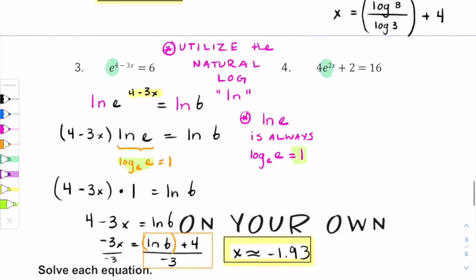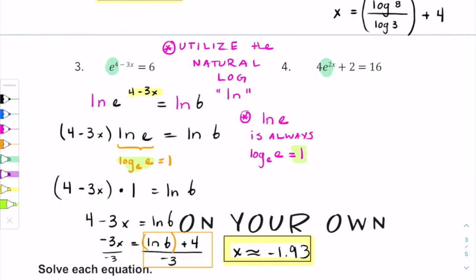So that leads us to number 4, which is 4 times e raised to the power of 2x plus 2 is equal to 16. Before I add or use my natural log, I can isolate this value a little bit better. I can add 2 to both sides. So I have 4 times e raised to the power of 2x is equal to 18, of which I divide both sides by 4.